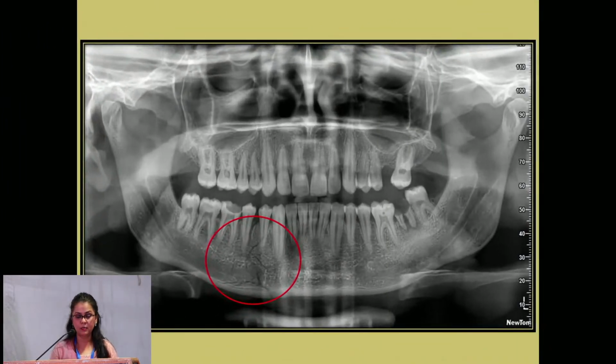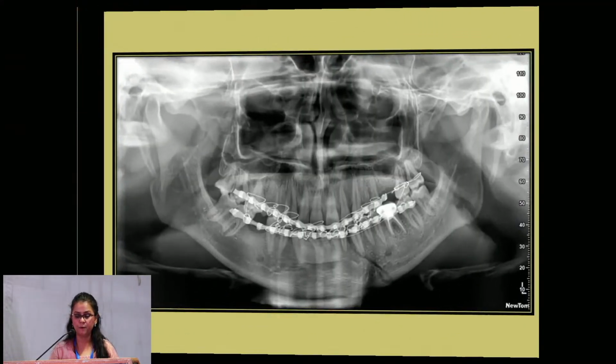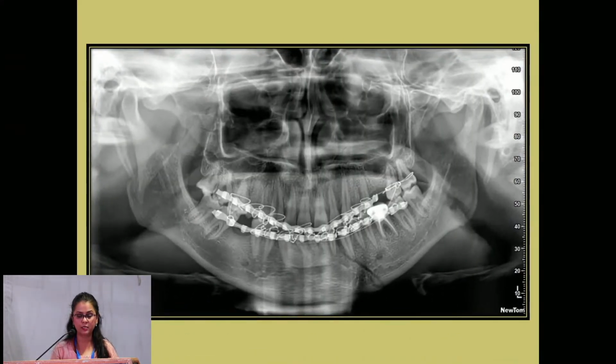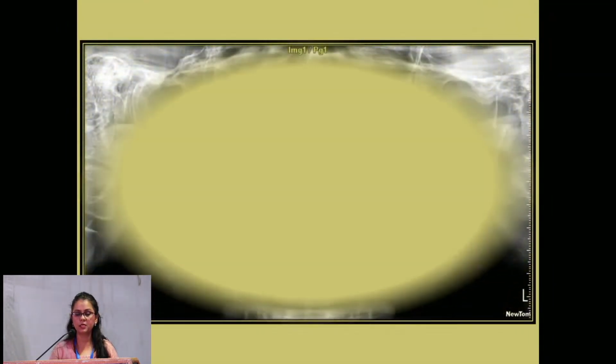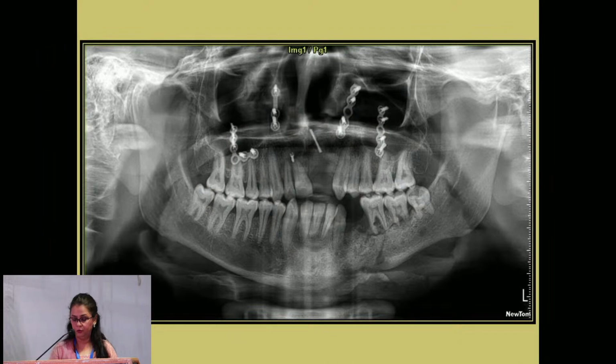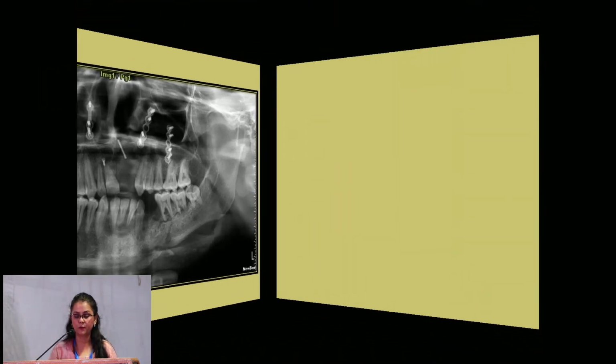This is a case that I see. Hairline fracture here, a fracture that is present here. So all these cases should actually go for a 3D modality. The fracture is present here, and this has been left out.